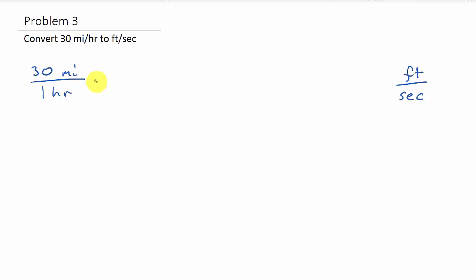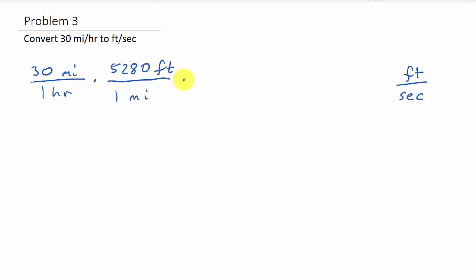Some of you may know this, some of you may not. It's kind of a standard conversion with feet and miles. If we put the miles down here, we know that 1 mile has 5,280 feet. You should just know that. If you didn't, you know it now.